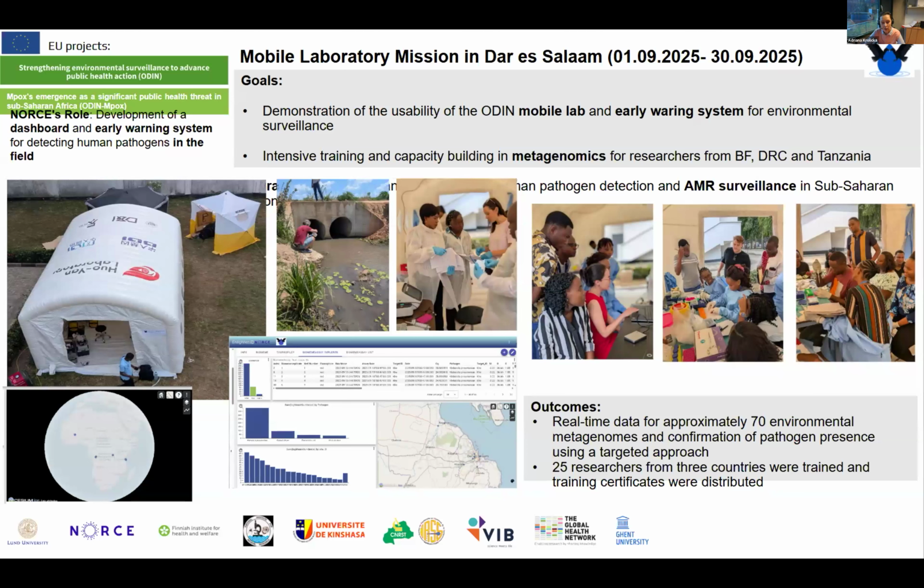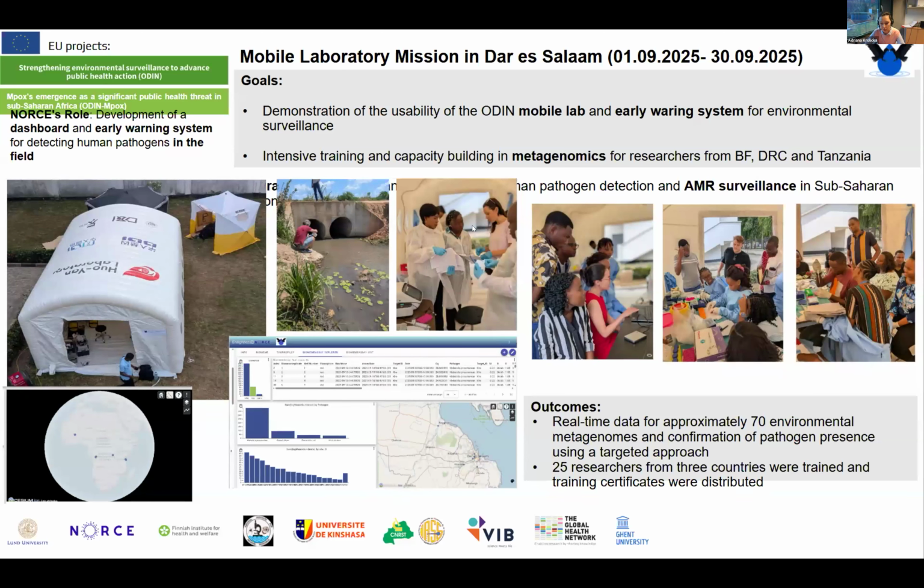We gained critical insight into the logistical challenges, for instance in terms of consumables acquisition in some African countries, and the operational issues faced by public stakeholders in managing infectious disease outbreaks.